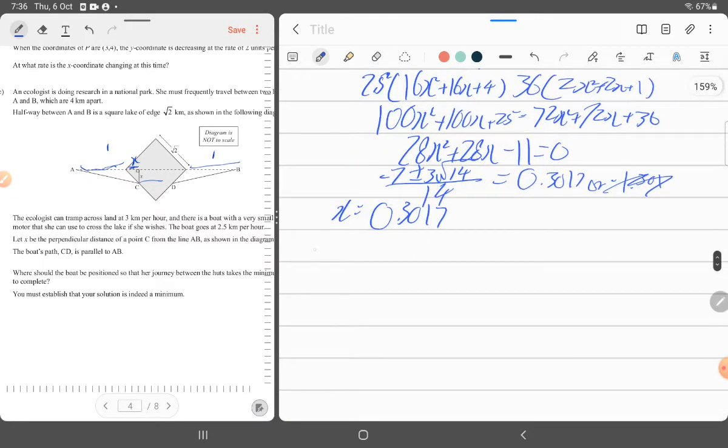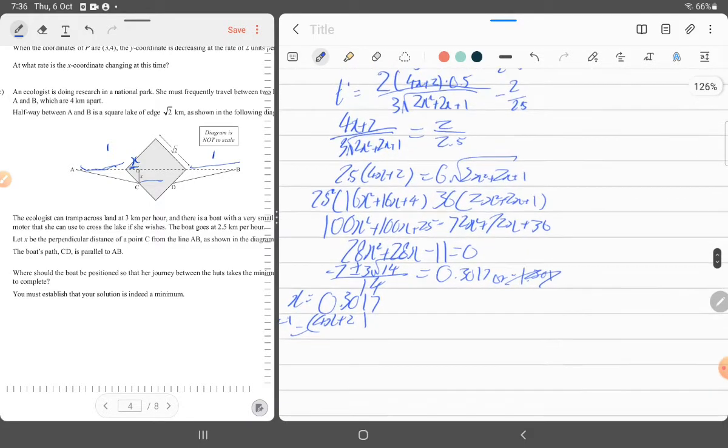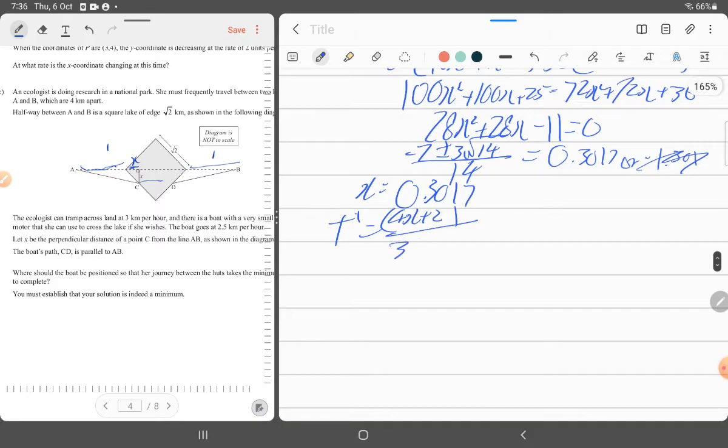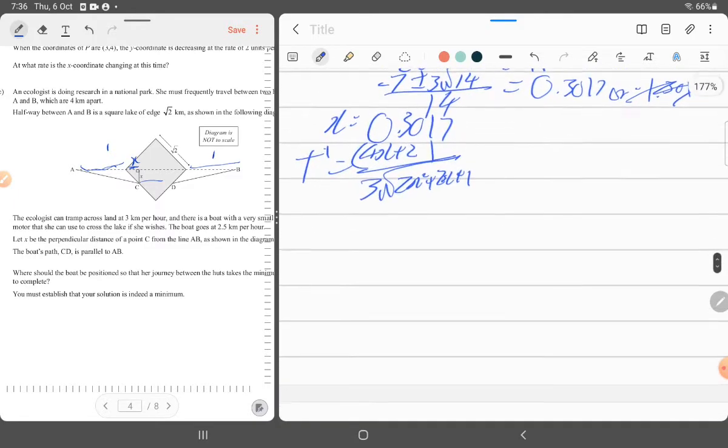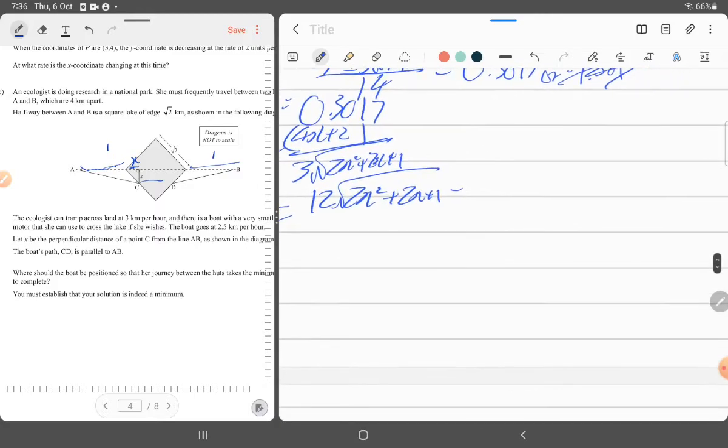So t dash is equal to 4x plus 2 over 3 square root of 2x squared plus 2x plus 1. T dash dash is equal to, oh no, that's 12 square root of 2x squared plus 2x plus 1, take away 4x plus 2 times, what's the derivative of that?